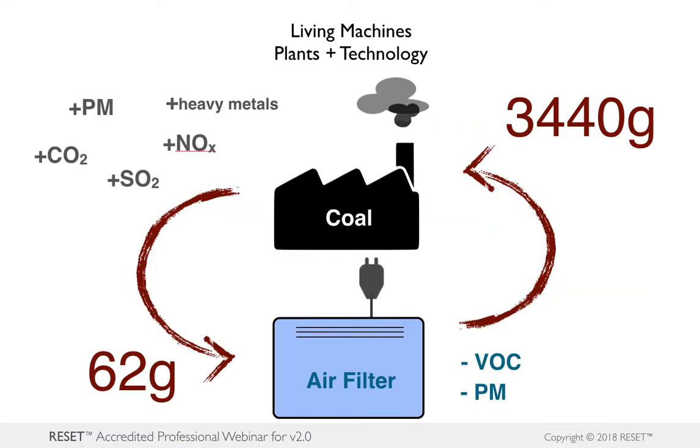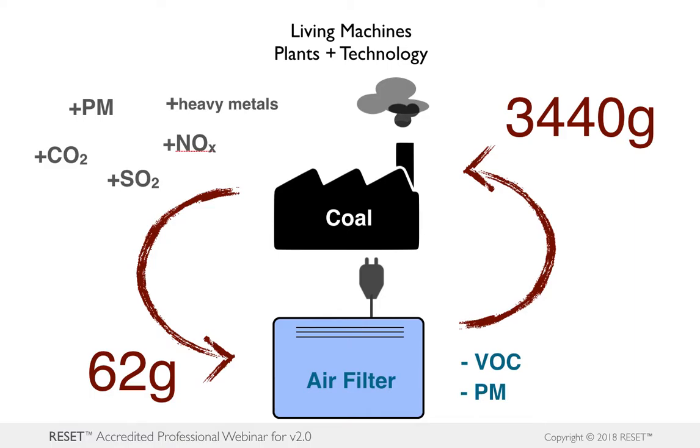So with the units, and these are numbers that are showing that for every amount of VOC and PM you try to remove by plugging in an air filter, well, the draw that it's having to pull, again using fossil fuels, in this case coal, you're contributing all of these other pollutants to the environment, which you're trying to filter in the first place.